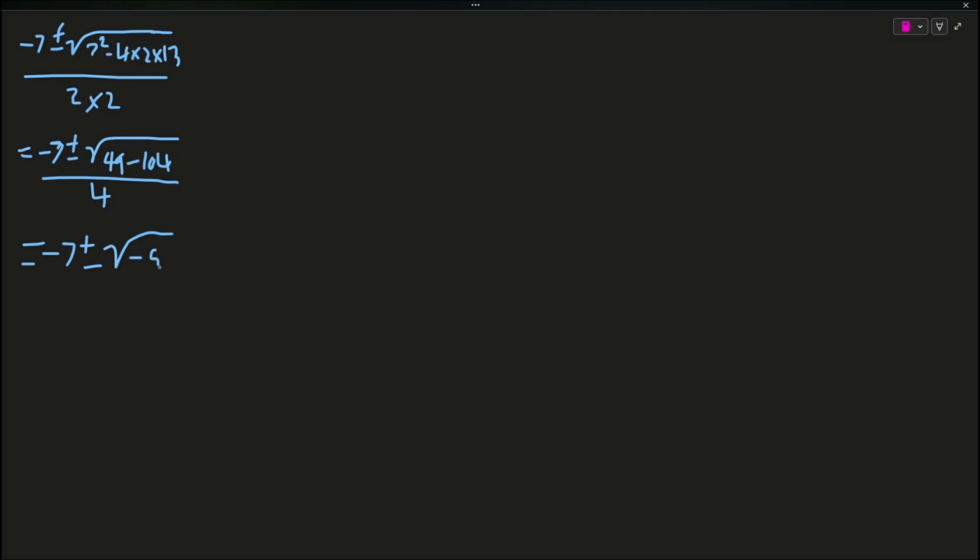Minus 55 over 4. Now, because the square root here is negative, there are no real solutions to this question. So you would say no real solutions.